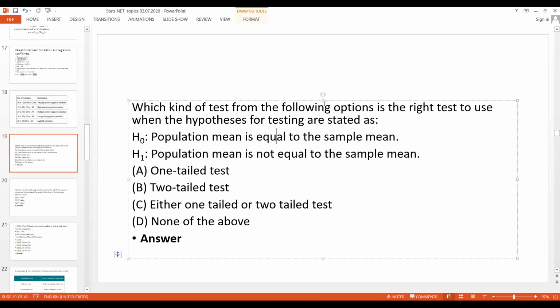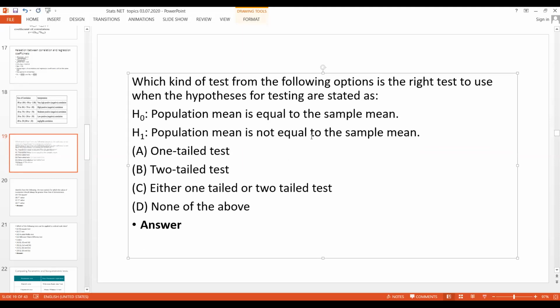You are given the test hypothesis as population mean is equal to sample mean versus population mean is not equal to sample mean. So whether it is a one-tailed test, a two-tailed test, either of them, or none of the above, which is your answer?